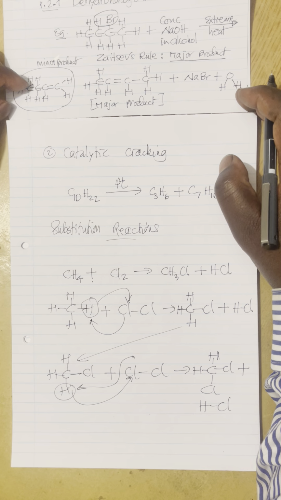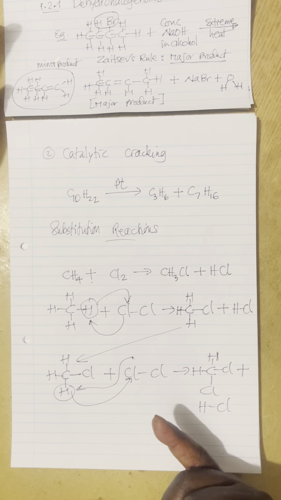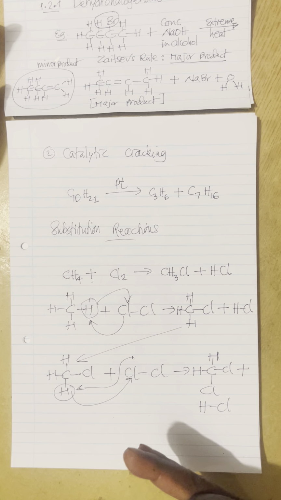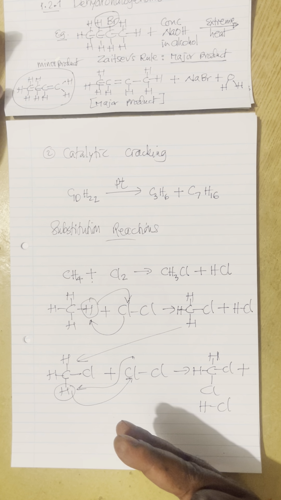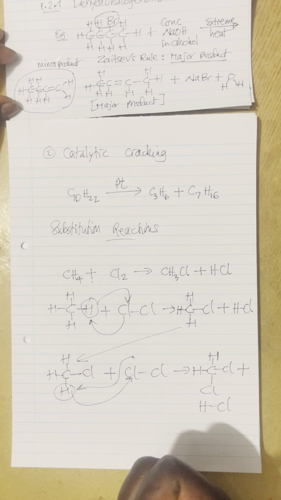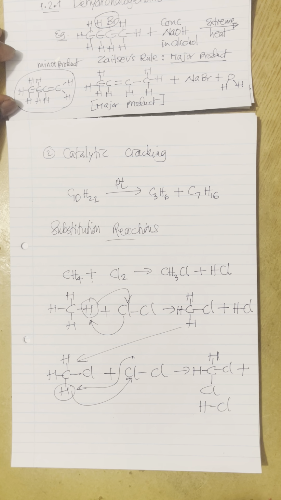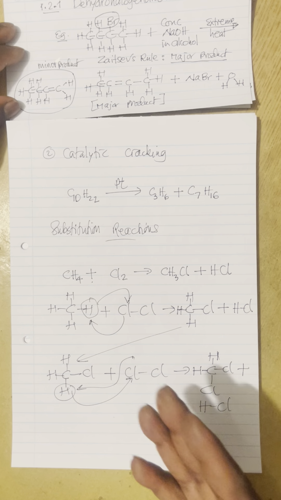In my next video, I'm going to be talking about the remaining types of reactions. Remember, now we have spoken about combustion, we've spoken about elimination, we've spoken about substitution. We're left with two actually, because cracking is usually taken as a type of reaction on its own, but we know that it's under elimination.